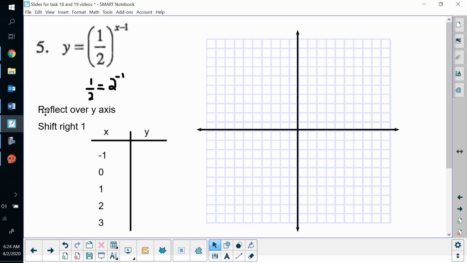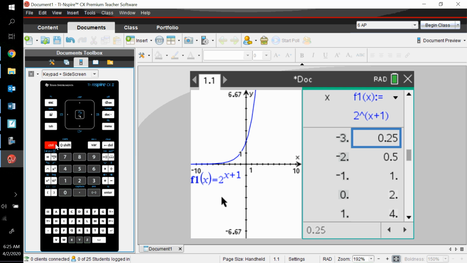In number 5, we have a reflection over the x-axis, and then the -1 in the exponent is also a shift right 1. So the 1 is in the middle. Pick the two values on either side: 0, -1, and 2, 3. We'll make our t-table with the x and the y. And then we'll go to a new graphs page.